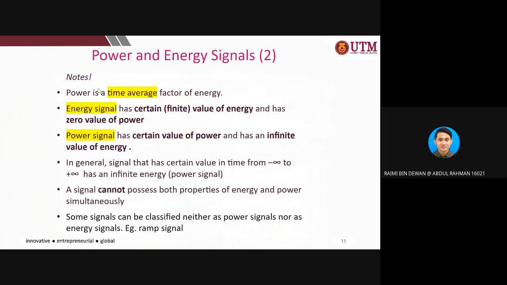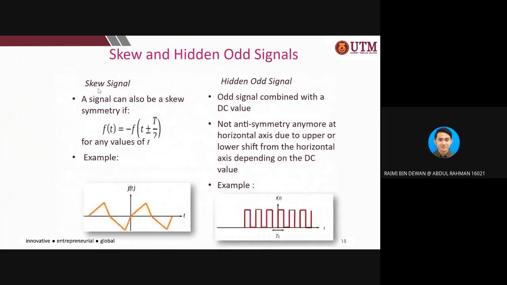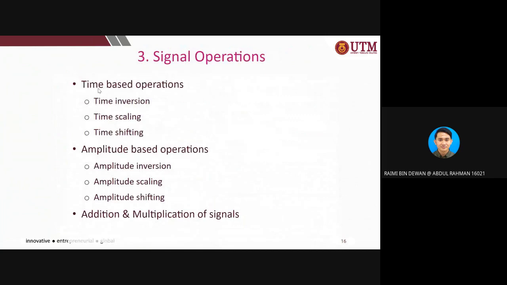So now we go to the second part of the chapter 1, part 1 lecture, which is signal operations: time-based operations and amplitude-based operations. We have these two main types of operations for our signals.